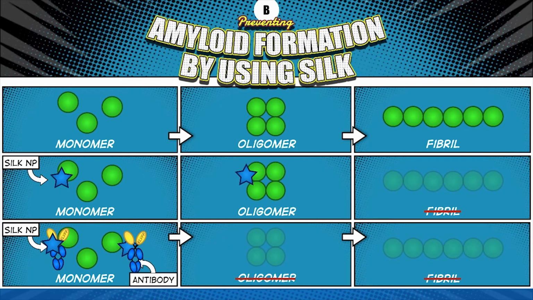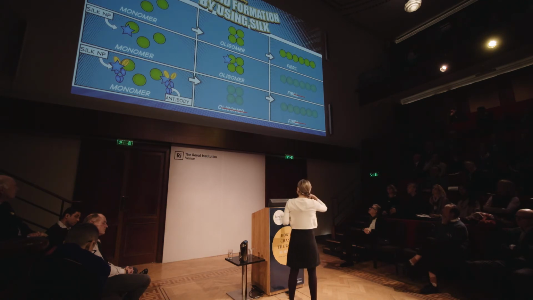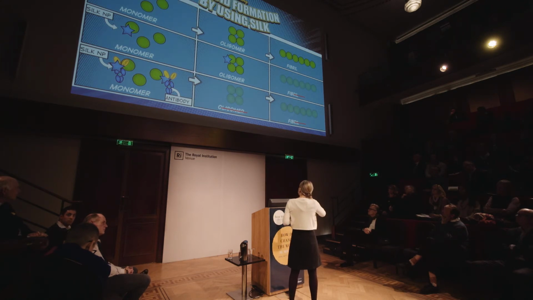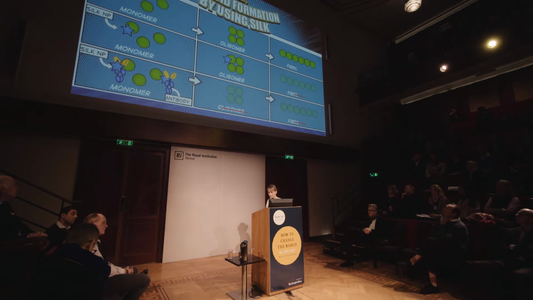Apparently, if we mix amyloidogenic protein with the silk, we observe the formation of the first nucleus, but in this case the fibers, the mature fibers, were not formed. And when we created the complex between the silk and a nanobody, we haven't observed any nucleation processes and no fibril growth.